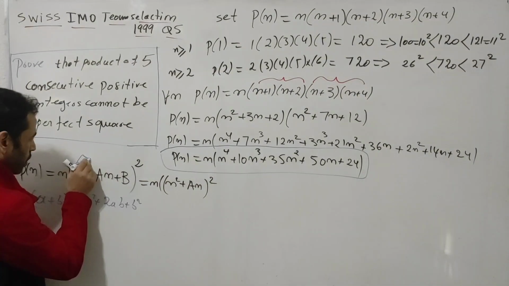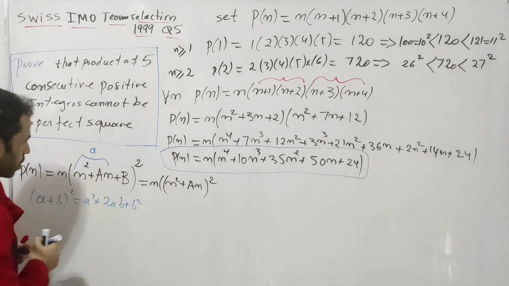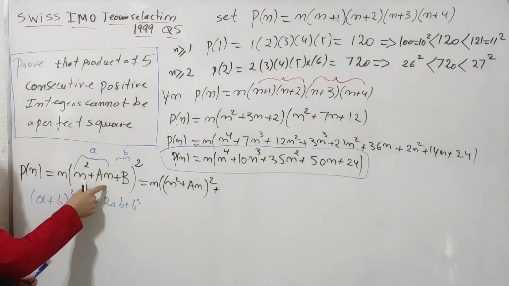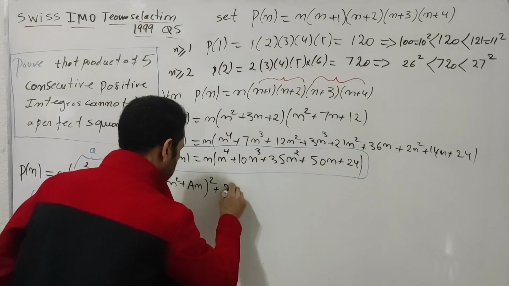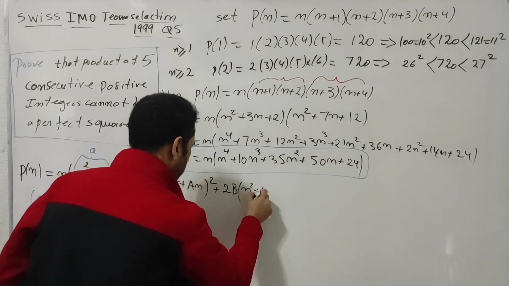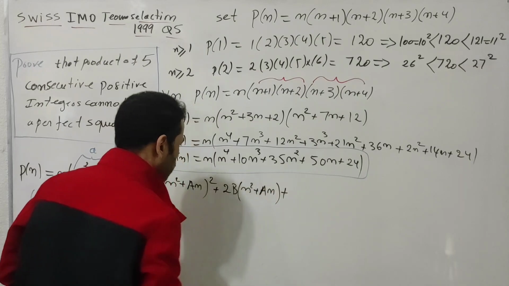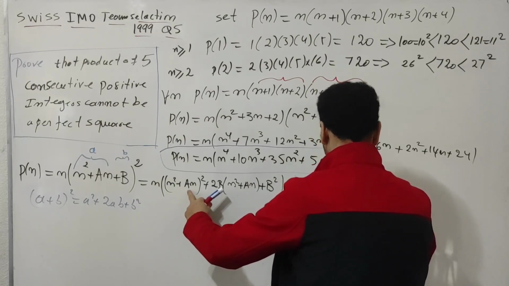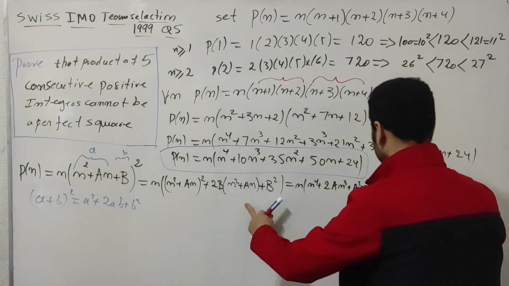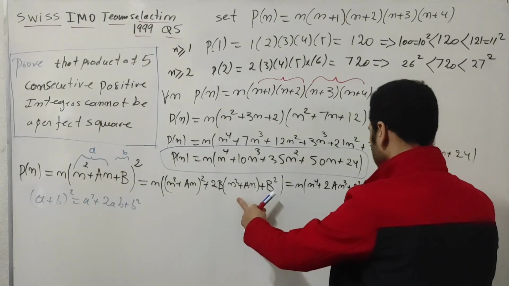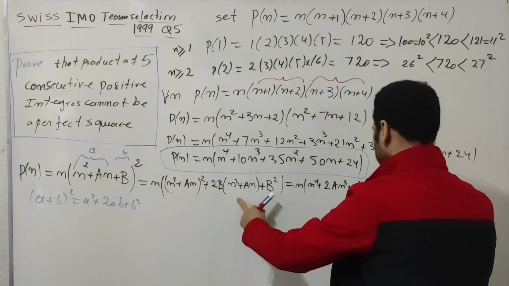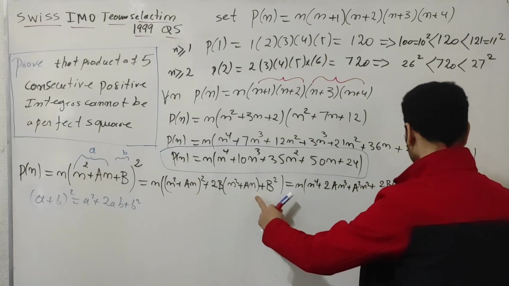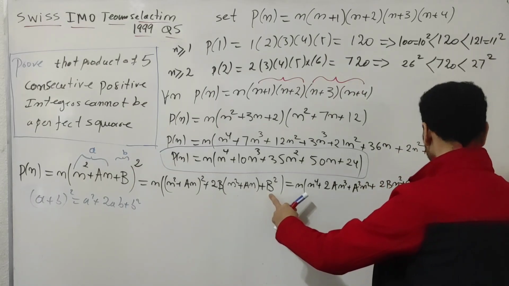Setting this one as letter A and this as letter B, we have n squared plus capital A n, squared, plus 2 times B multiplied by n squared plus A n, plus B squared. Distributing: plus 2 capital A n cubed plus capital A squared n squared, plus 2 capital B n squared plus 2 capital B capital A multiplied by n, plus the last one, capital B squared.